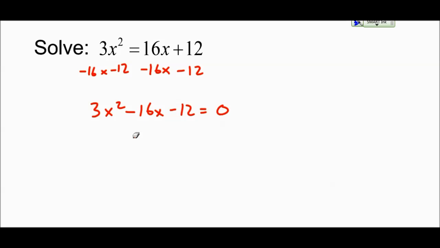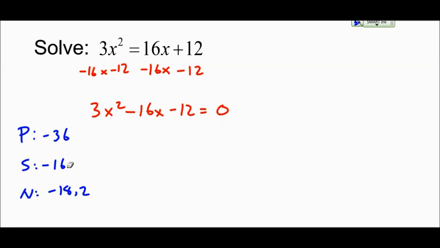And from here I'm going to factor. Again, I'll use PSN. I look for my product. I multiply A and C, so it gives me negative 36. And my sum is negative 16. So I have to think what two numbers multiply to be negative 36, yet add to be negative 16. Well, the solution to that is negative 18 and 2.